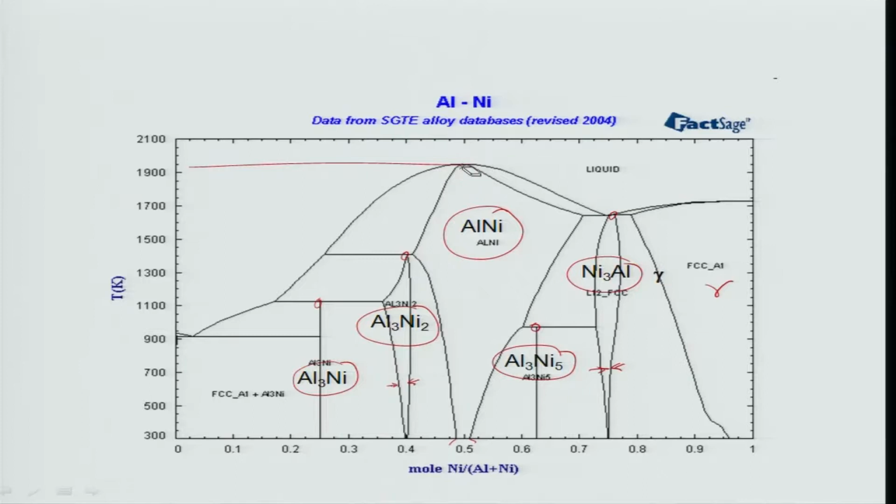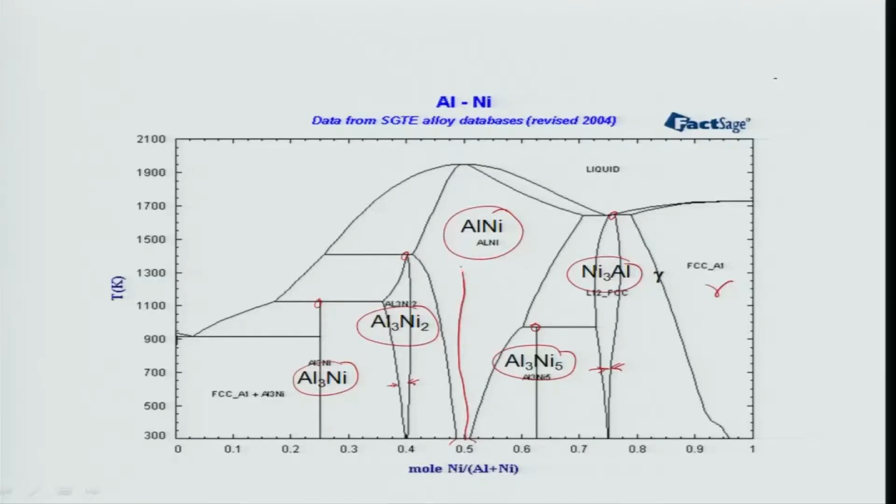Now I take this diagram to explain. Congruent melting means when a compound melts, its composition does not change when it becomes liquid. Let us take the example of AlNi, which has 50% aluminum and 50% nickel. When it melts directly to the liquid, the composition of the liquid will be exactly the same as the solid, and that is why it is called a congruently melting compound.